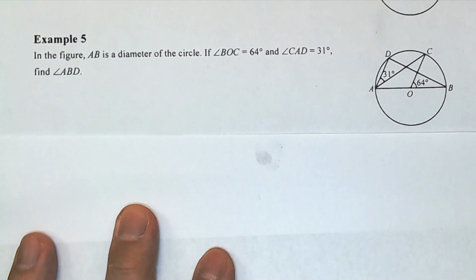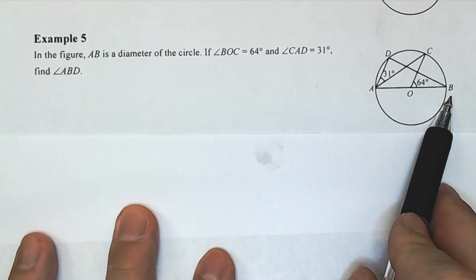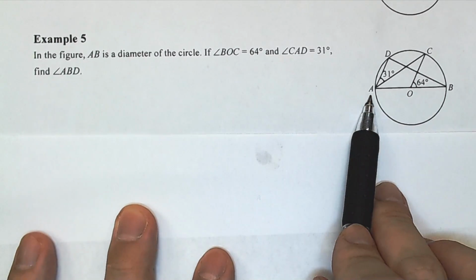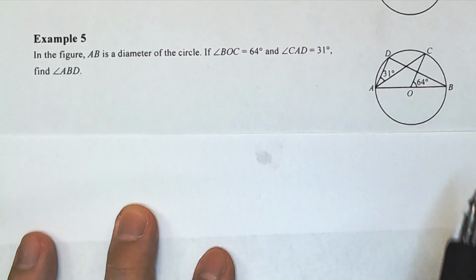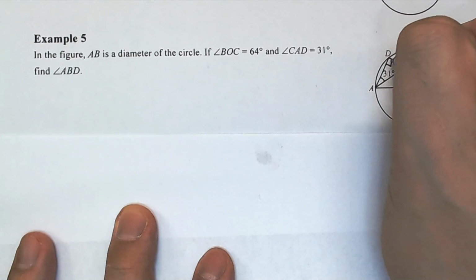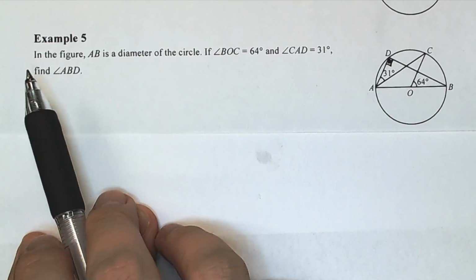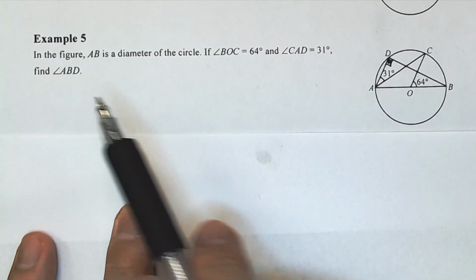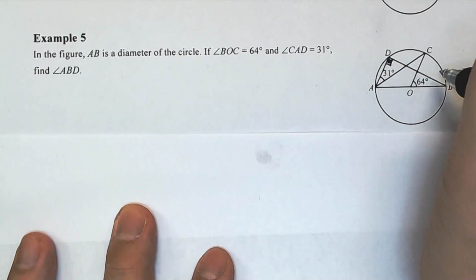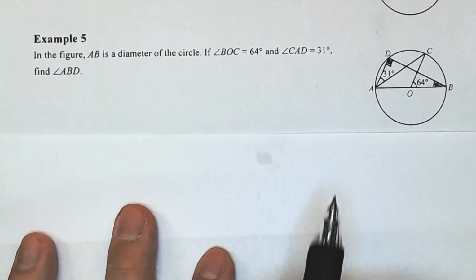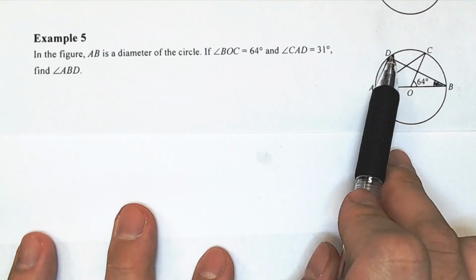Now, if a diameter is given, then you need to see whether there's an angle subtended from the two ends of the diameter. And you know that angle ADC is 90 degrees. And what you need to find is angle ABD, which is an angle in the same triangle. So in order to find this one, most of the time you need to find the size of the remaining angle of that triangle, that is angle BAD.